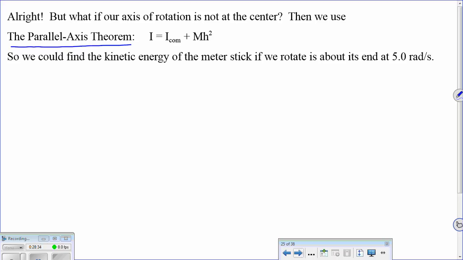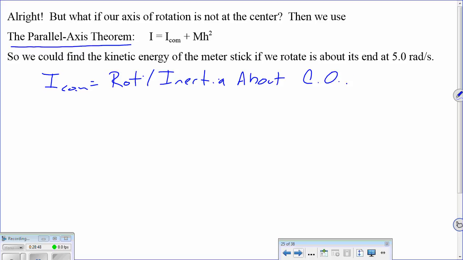Follow? So in this expression up here, I_COM is the rotational inertia about the center of mass. So it's got to be about the center of mass of the object.